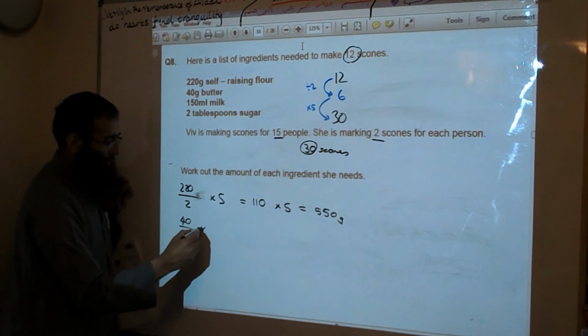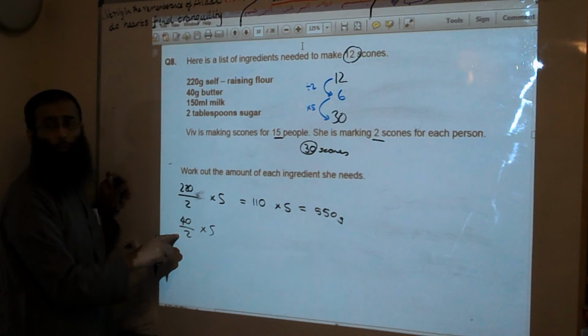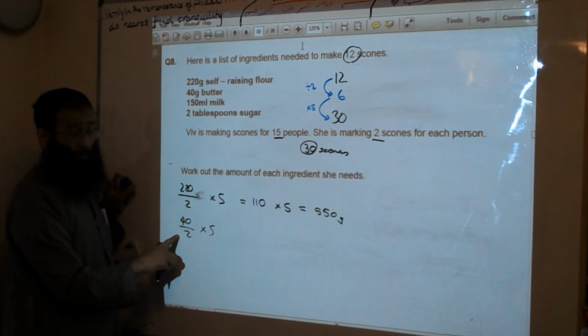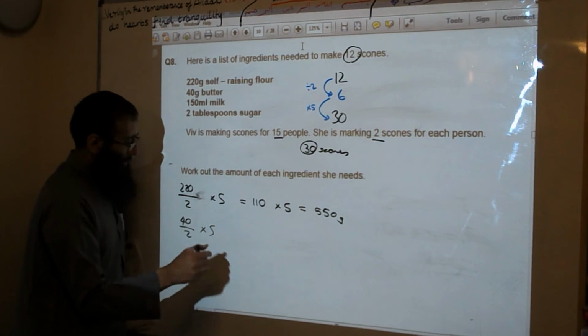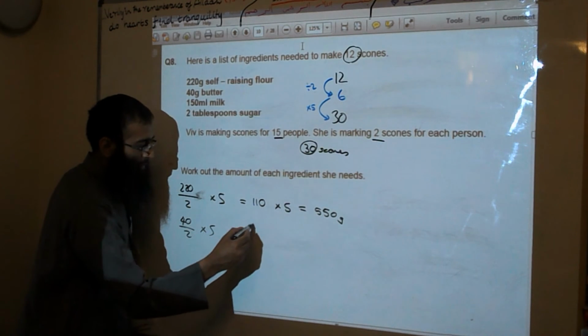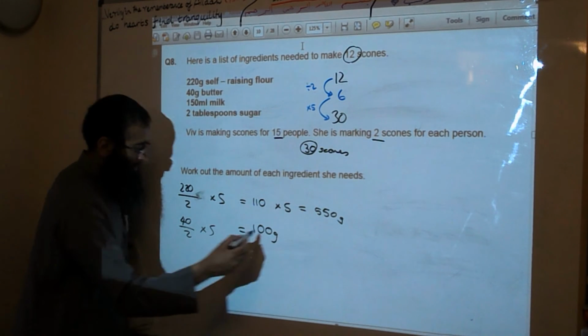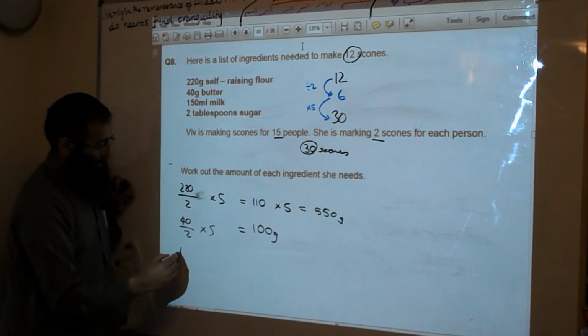40 divided by 2 times by 5. What's 40 divided by 2? Oh, sorry, 20. 40 divided by 2 is 20. 20 times by 5 is 100. 150 milliliters.